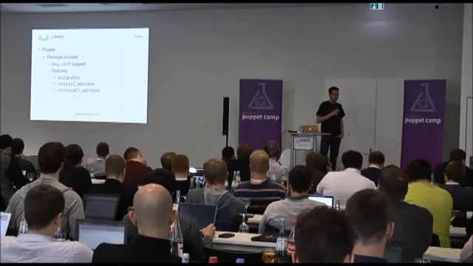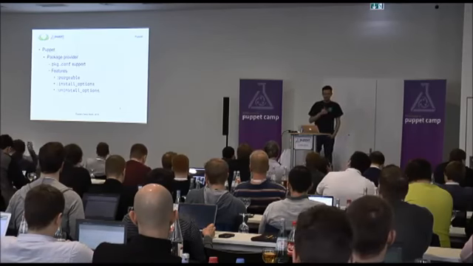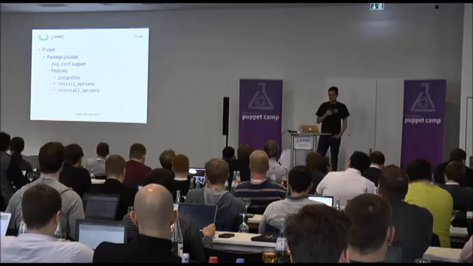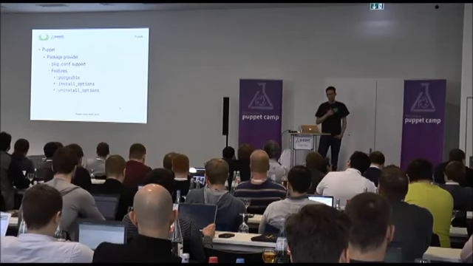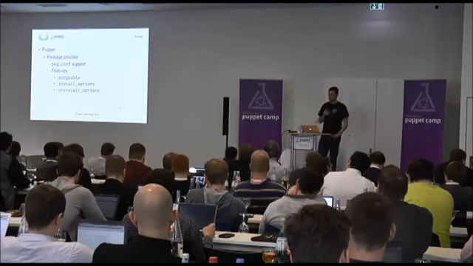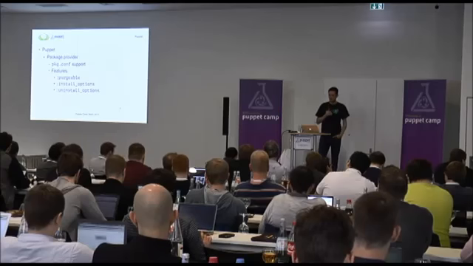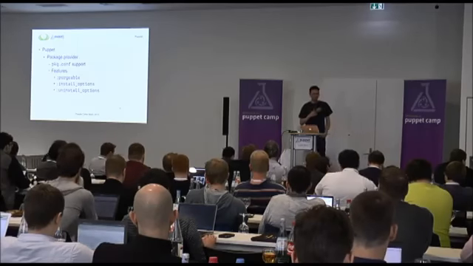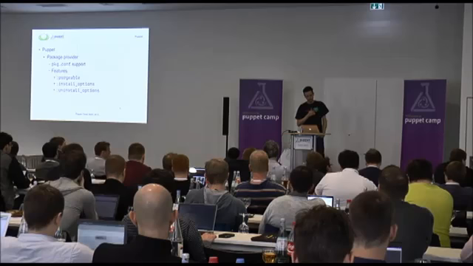So in Puppet, I mainly worked on the package provider. The first thing that I did was the pkg.conf support, which basically removed the need for setting a source parameter, which is similar to your sources.list or your yum repositories.